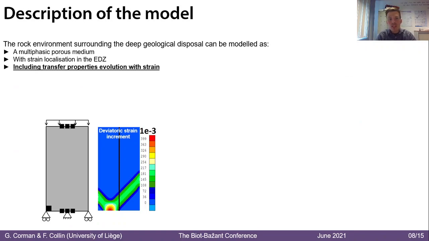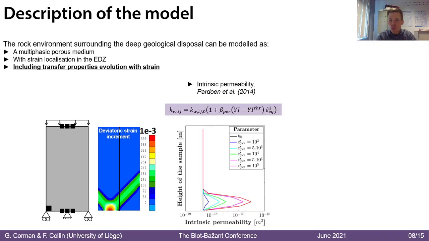And finally, to accentuate the interactions between the transfer properties and the damage, additional hydromechanical couplings have been integrated into the model. On the one hand, a power cubic formulation is used to model the strain-dependent evolution of the hydraulic permeability, which allows to generate an increase in permeability within the shear bands.